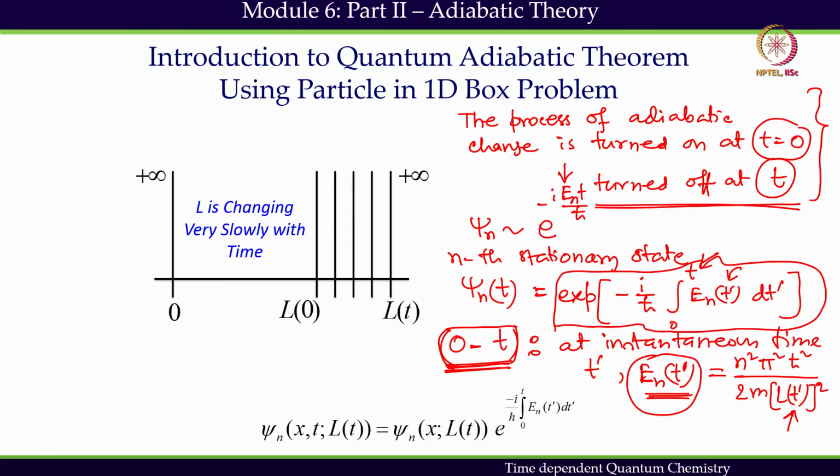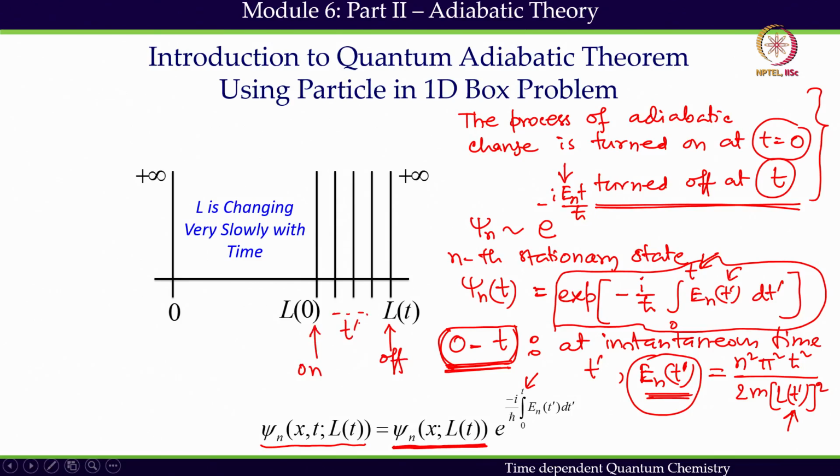And because this phase is accumulated by the nth stationary state, in the end we can write down the nth stationary state as follows, at that particular time. If I consider that at t time the adiabatic process has turned off, this is the time when it is turned off, and this is the time when it was turned on, and any time in between is the t dash time.